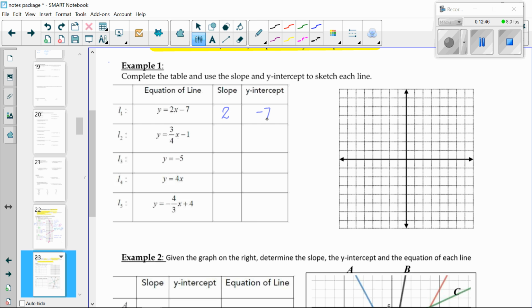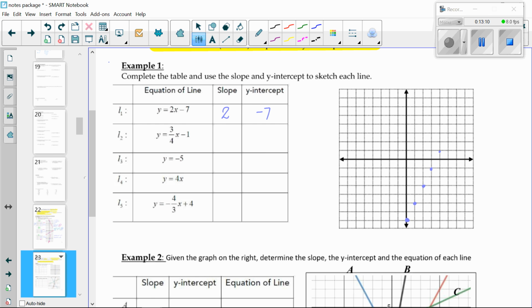We first begin by plotting our y-intercept, which is -7, so I'm going to go 1, 2, 3, 4, 5, 6, 7. And my slope is 2, so I'm going to go up 2 over 1, up 2 over 1, up 2 over 1.